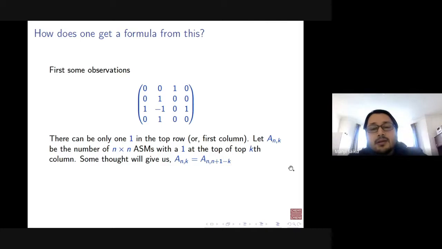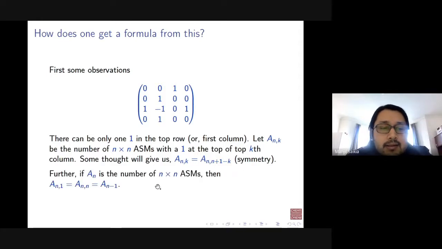If you think about this for a moment, you will see that there is a symmetry. A n k is equal to A n, n plus 1 minus k. You just flip this matrix along the vertical axis, and you will get this symmetry. And if the 1 appears in the corner, that is, the position of the 1 is in the first column, then all of these will be zeros, because there cannot be two non-zero entries in the first column.